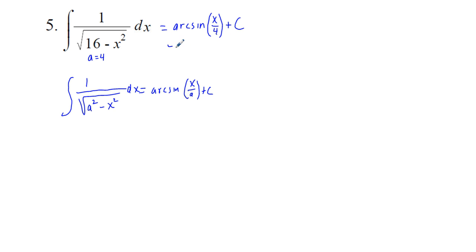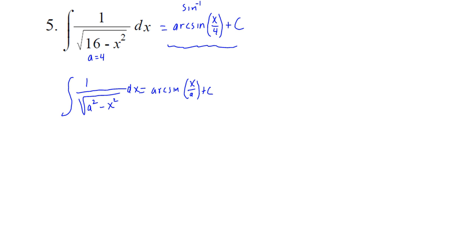And that's going to be our answer again. Sometimes you'll see this as the inverse function notation, sine -1, as opposed to arcsin. And that's it. I hope this has been helpful to you. Good luck, and thanks for viewing.